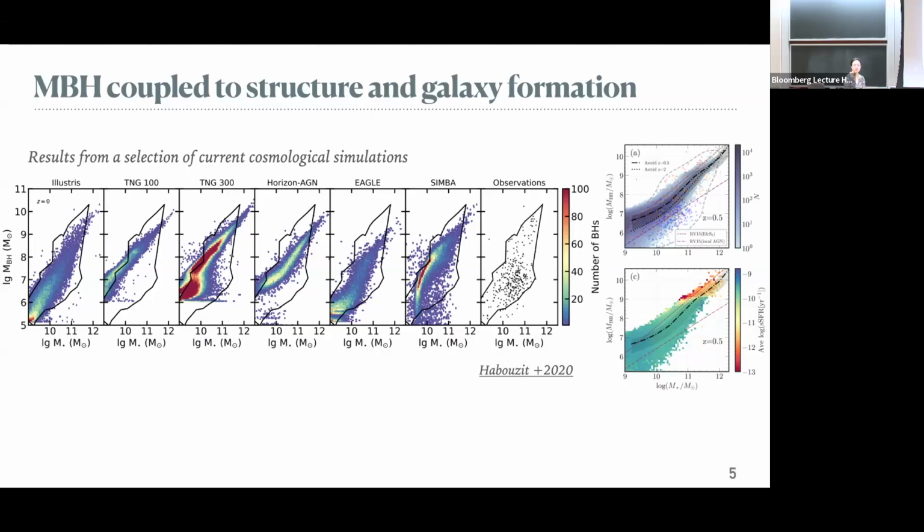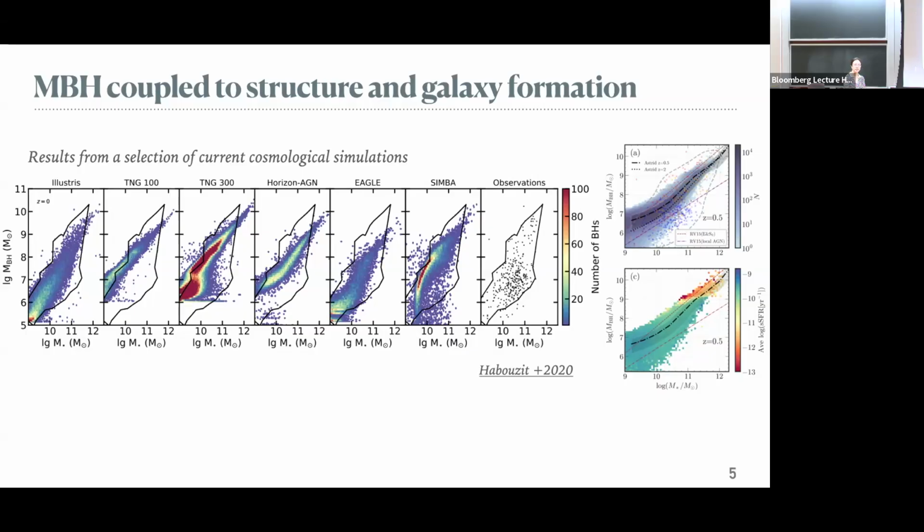Well, I'd be surprised if anyone is conducting a simulation and they're not trying to fit the black hole mass velocity dispersion relation. But if they don't have black holes modeled, then I guess they don't. We don't.